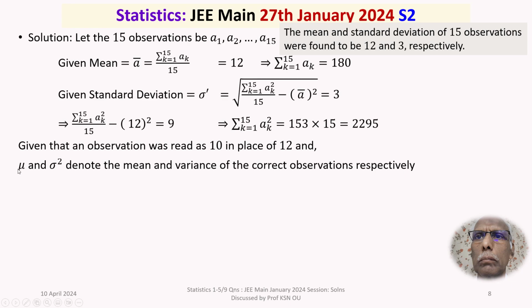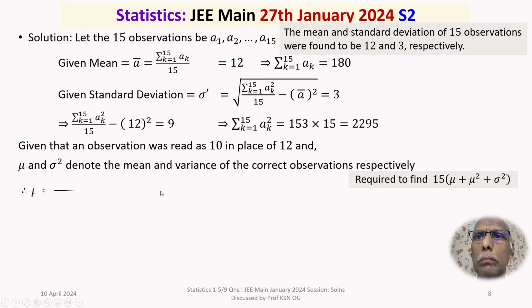Mean, mu, and sigma square is variance, not the standard deviation. Sigma square is the variance of the correct observations respectively. So we want to find 15 times (mu plus mu square plus sigma square).